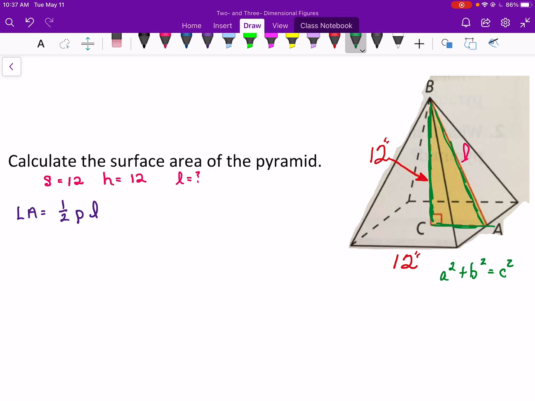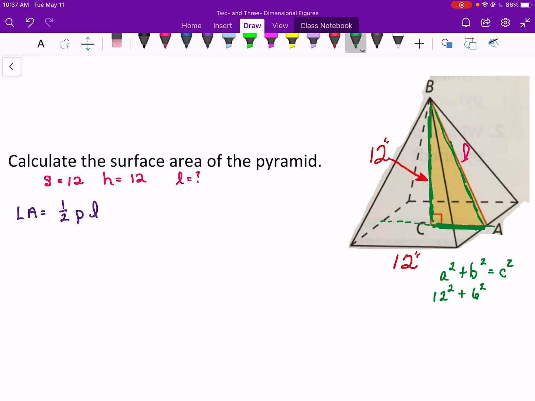In Pythagorean theorem, the two sides that make up the right angle are the sides of the A and the B. And if you're asking yourself, where did I get the 6? If the entire side is 12, then this portion of our triangle is 6 because it's halfway across the picture.